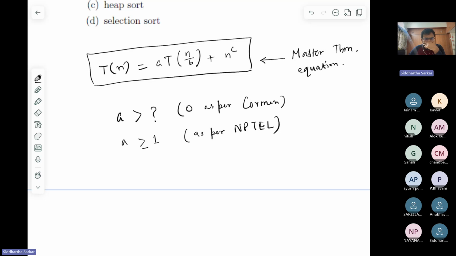I can see that a is greater than or equal to 1 and b is greater than 1 are the constants. Which edition of Cormen are you looking at?